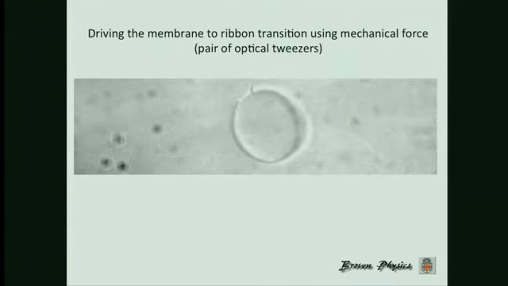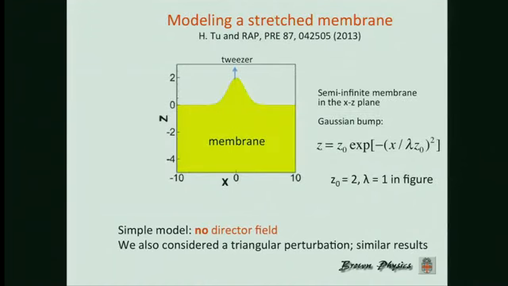So let me show you what we've done to try to begin to explore this theoretically. What we've done is to imagine, in some sense, a thought experiment. We're not going to look at a pair of optical tweezers.